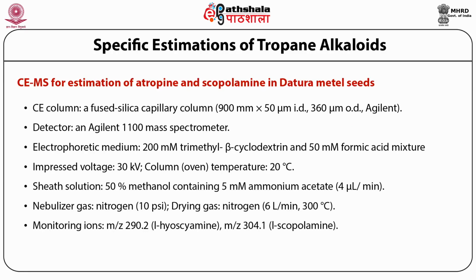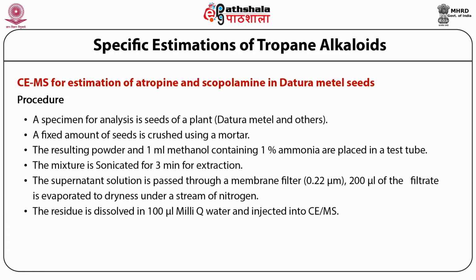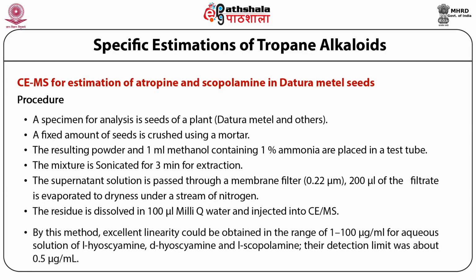Monitoring of ions was done at 290 and 304 m/z. The procedure as depicted earlier was used for these Datura metel seeds as well as for other samples under analysis. By this method, a good linearity could be obtained in the range of 1 to 100 micrograms per ml for aqueous solutions, and the detection limit was 0.5 micrograms per ml.